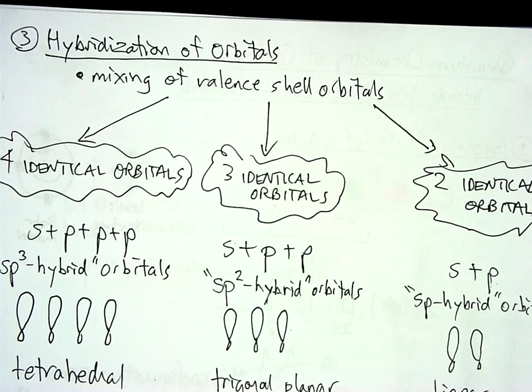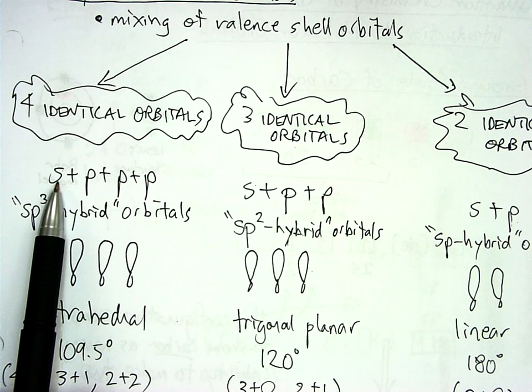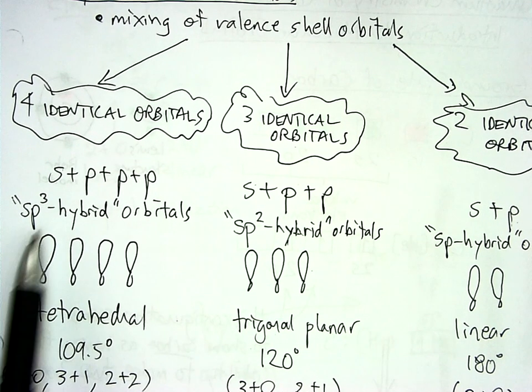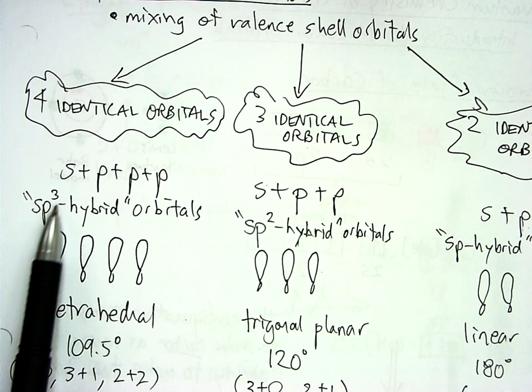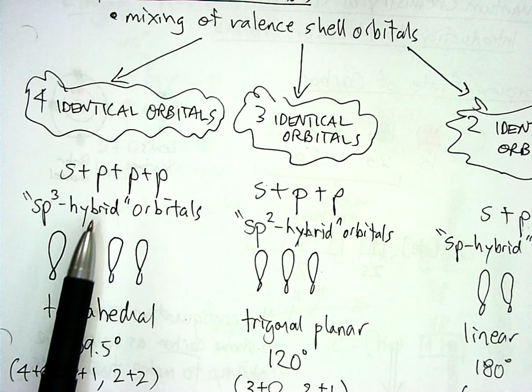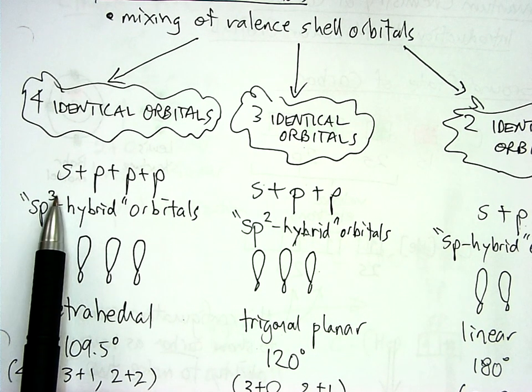Now, one thing that I did not mention is the name of these orbitals, because these can be confused a bit. When we mix an s with 3 p's, we give each of these orbitals a name called sp3 hybrid orbitals. Okay? And it's because they mixed 1 s with 3 p's together.